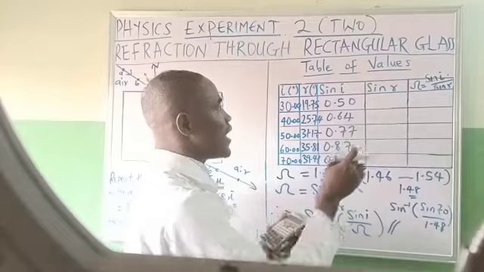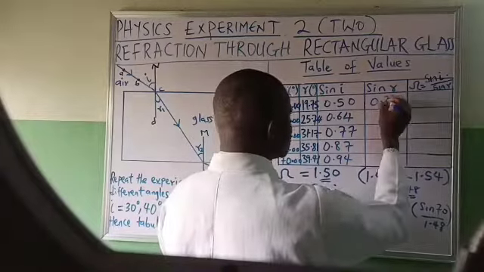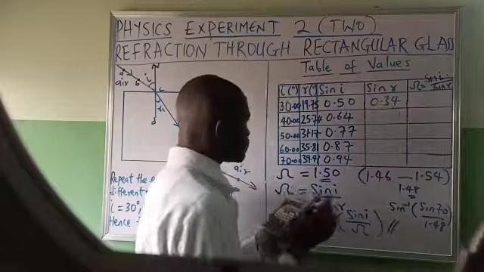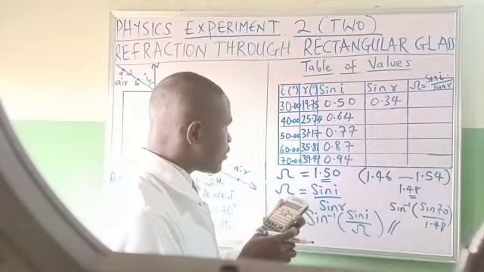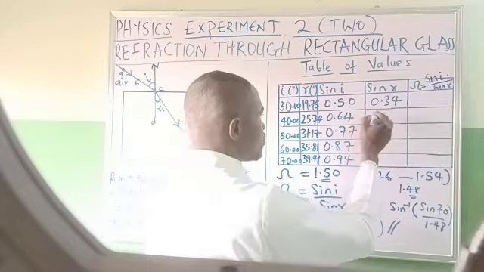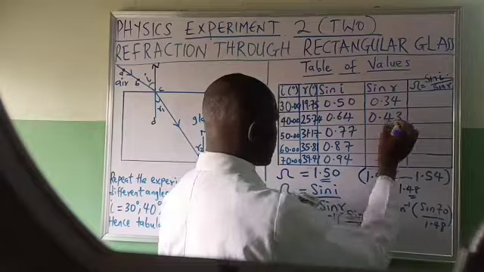We go for sine r. Sine 19.75 is 0.34. Sine 25.74 is 0.43.